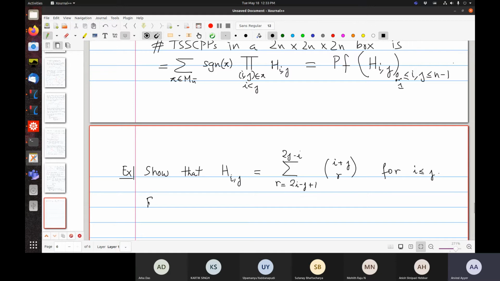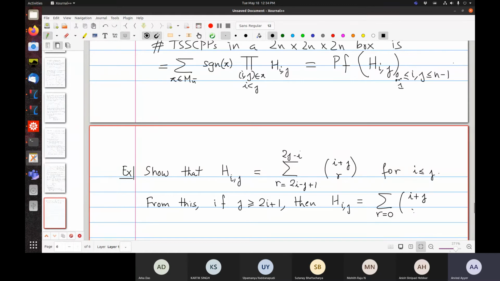And from this, if j is greater than or equal to 2i plus 1, then what happens? Then this sum starts below 0. h_ij is the sum with r from something below 0, but I don't care to take those terms because they are 0 anyway.